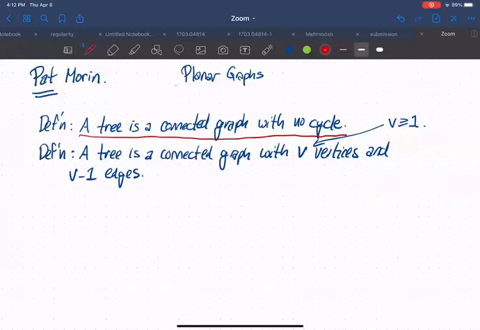Okay, so that's the obvious consequence of that. And so that also means, by the second definition, if I give you a connected graph that has V vertices and more than V minus 1 edges, then it's a connected graph that's not a tree, and therefore it has a cycle. Nothing complicated. It's an easy consequence of these two equivalent definitions, but it will come up shortly.